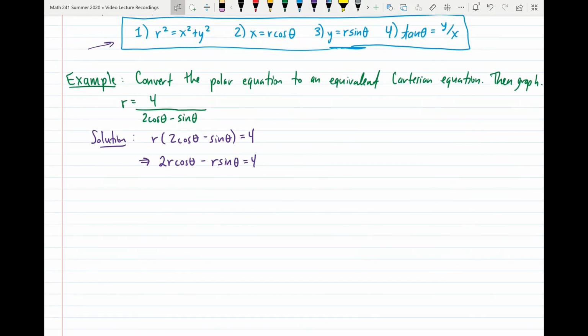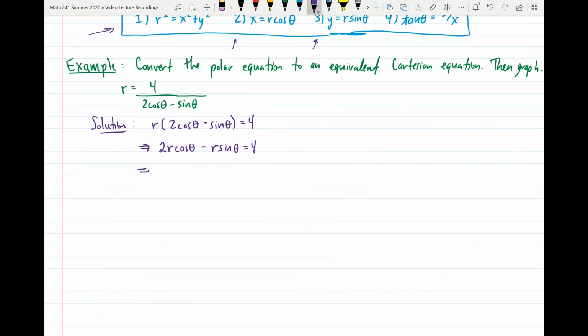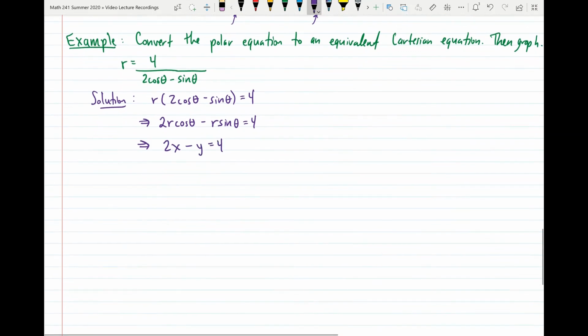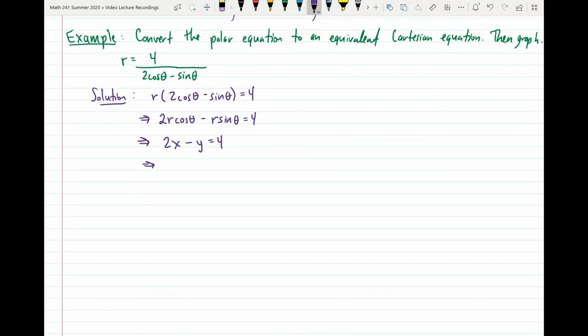And now we can use equation 2 and equation 3 to substitute an x and a y into this equation here. So this implies that 2 times x minus y is equal to 4. And now we can make this look a little bit nicer and write that y is equal to 2x minus 4. And this equation now looks super familiar.